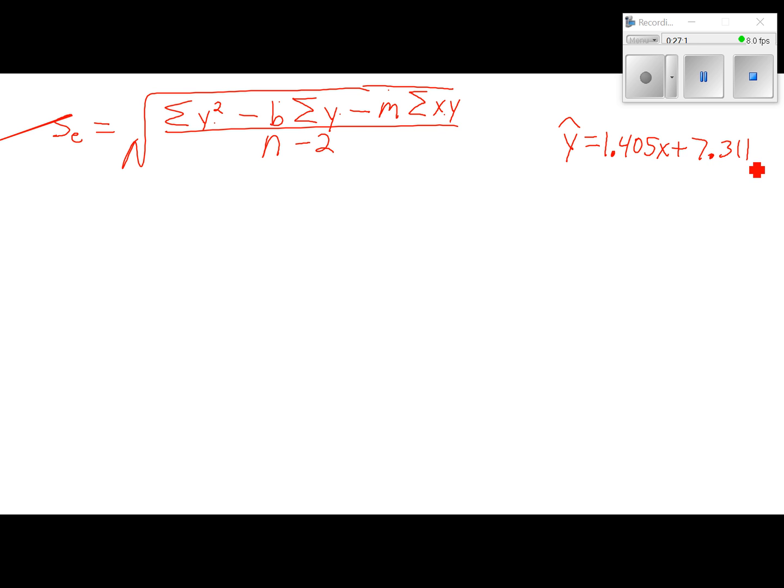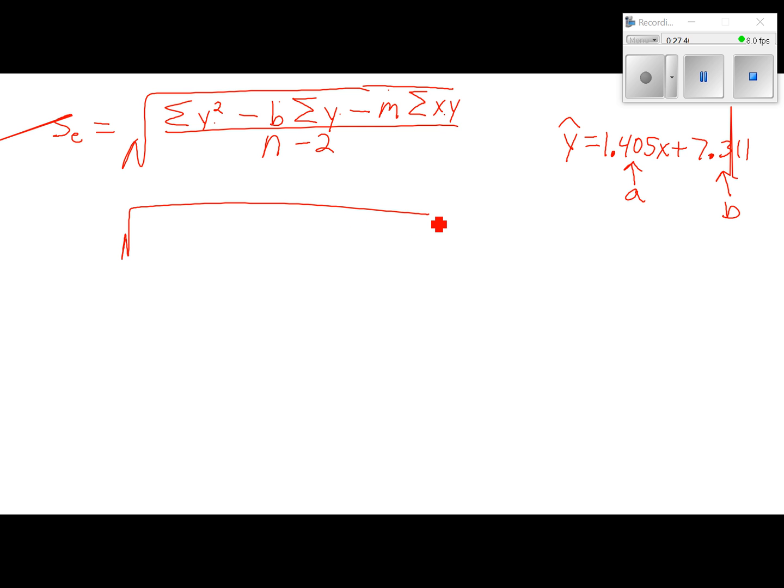Again, we could have used our calculator, and this is A, this is B. We could have put both of them in list and did second stats, gone down to linear regression, put in list 1, comma list 2, and it would tell us what A and B are. However you find it, that doesn't matter. All that matters is that we have everything that we need to stick into here.